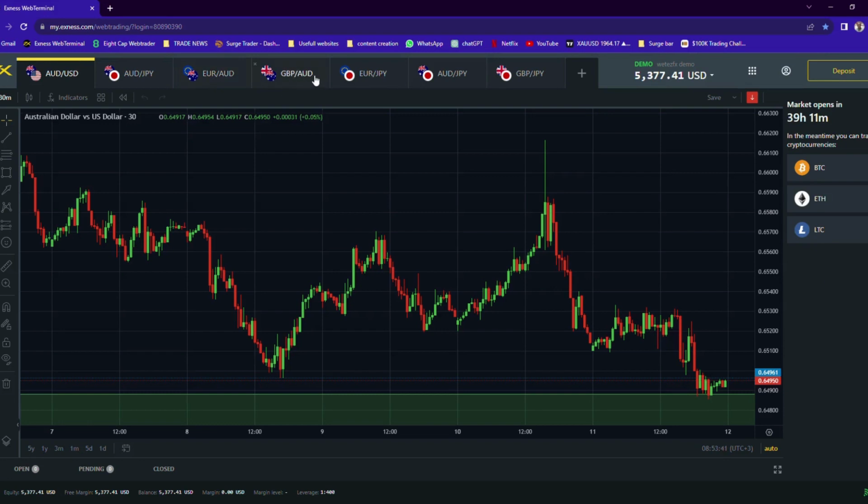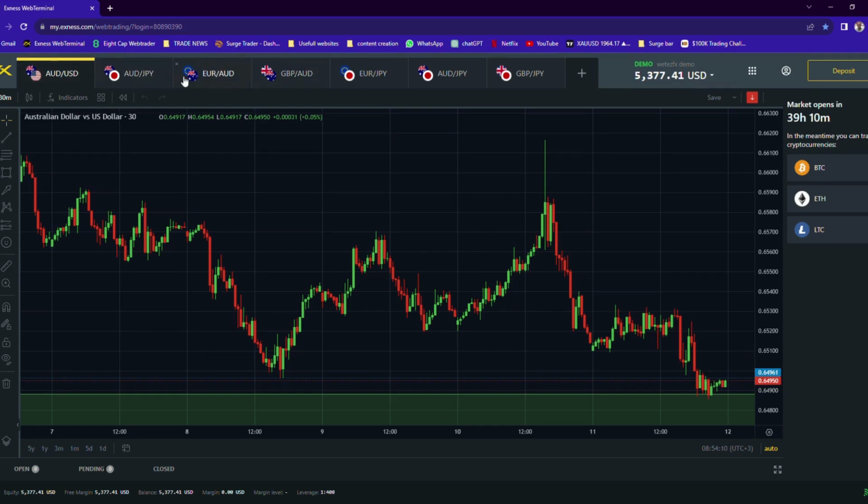So these pairs will always be impacted by any fundamental news that comes out, any economic news release that comes out on the Australian dollar. So it's better every time you're trading to always put these 4 in one basket and try to do the analysis of all of them, because anything that changes here on AUD USD will impact all these 3 pairs.